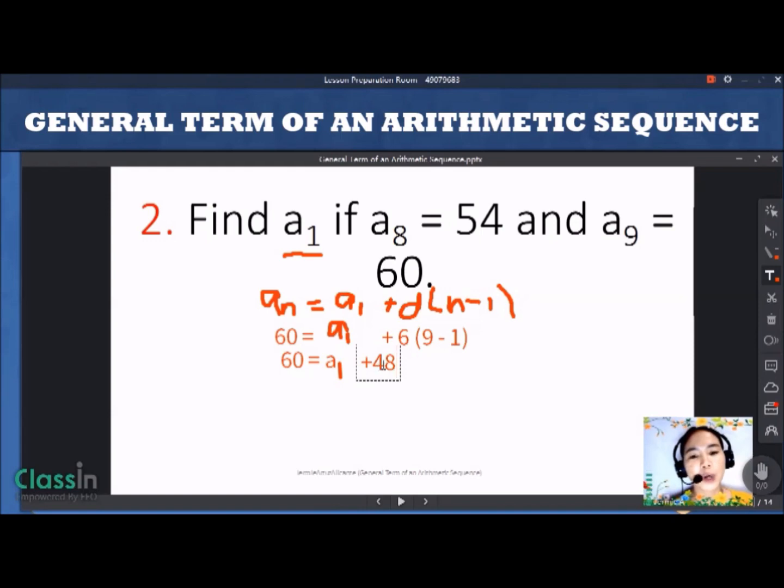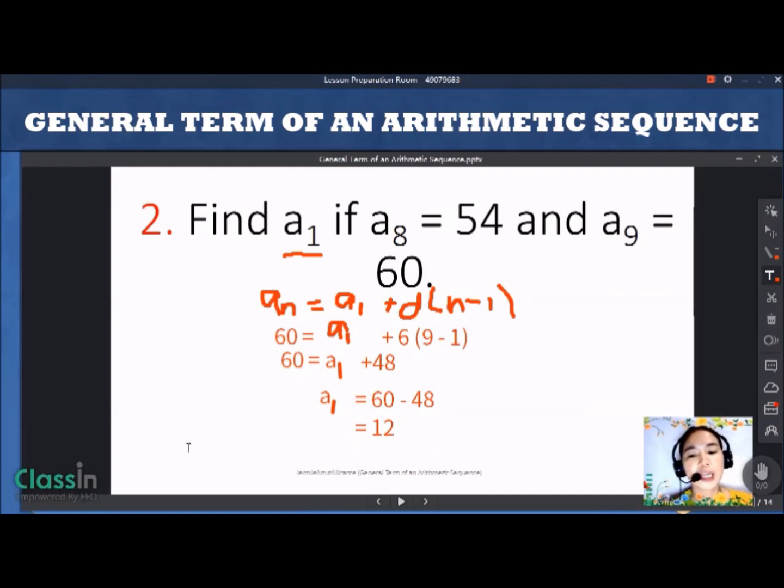So, if you're going to solve for this, we're going to have a sub 1, okay, is equal to 60 minus 48, or 60 minus 48 is equal to 12. Okay, very good. So our a sub 1 is 12.